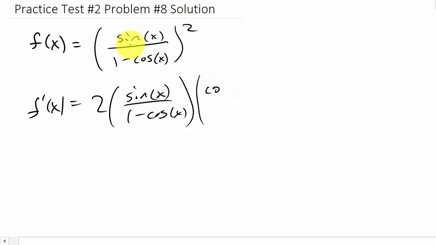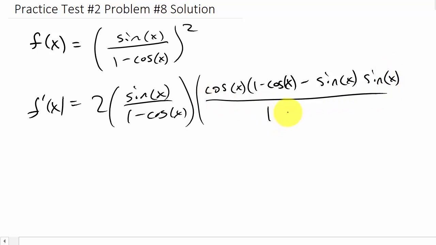So remember, quotient rule: the derivative of the numerator times the denominator minus the derivative of the denominator times the numerator, all over the denominator squared.